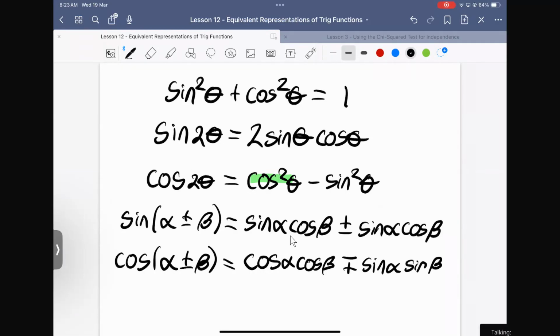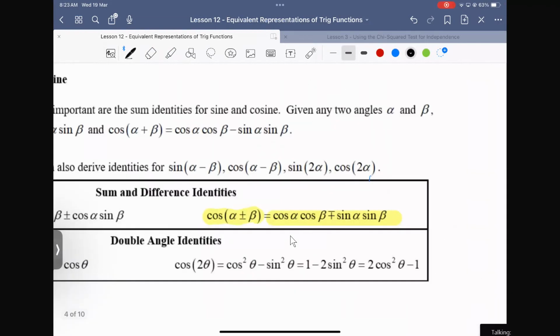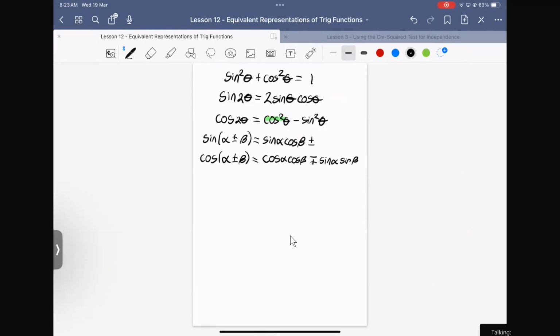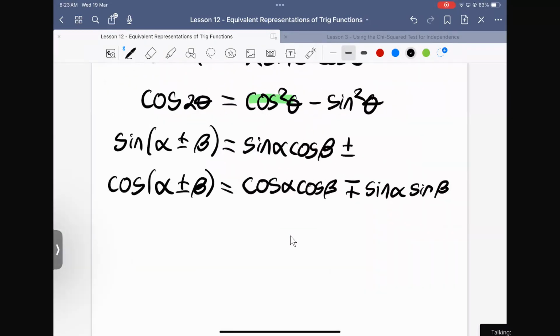For the compound angle identity, there's no 2's. Oh, I see. Sorry, I messed up there a little bit. Obviously, I'd written the same thing twice, so it has to be different.